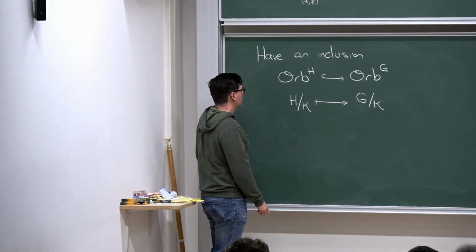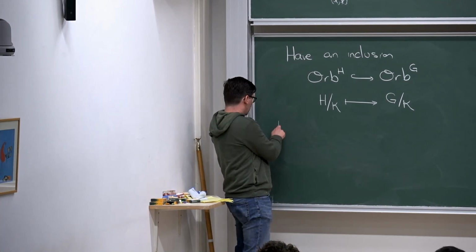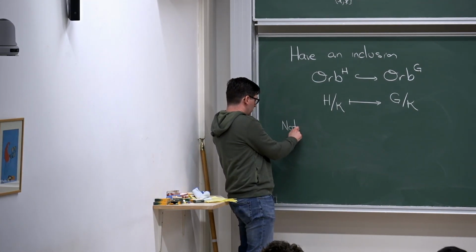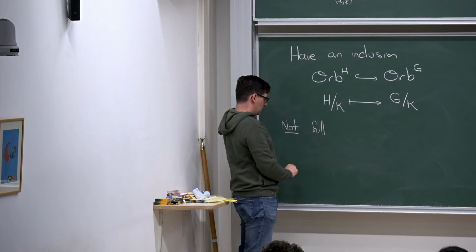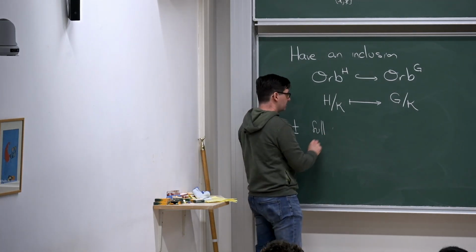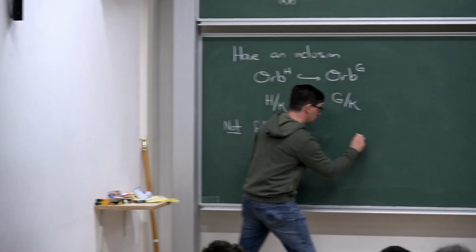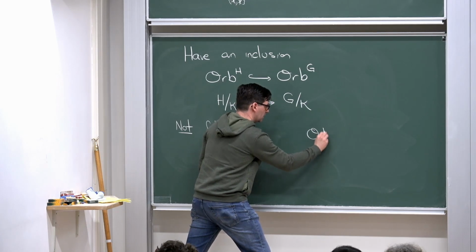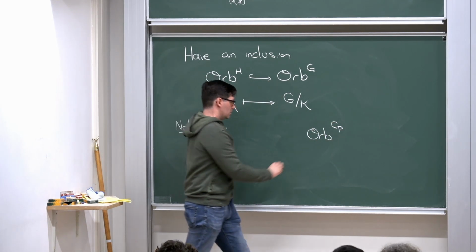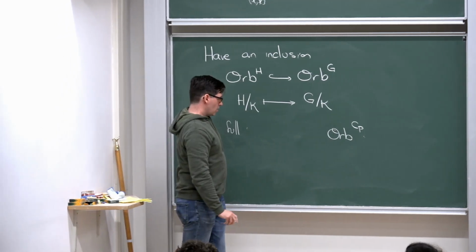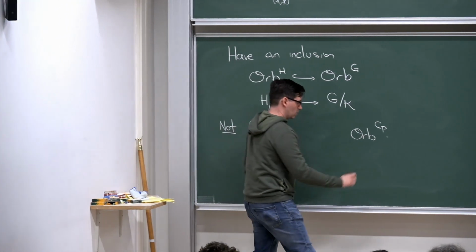But in fact, it's important that it not be full. There's sort of two ways that I can do this. And so I want to stress, though, that this is not full. And I don't sort of close it up under the full piece. And so here's the prototypical example. Let me look at the orbit category for CP. When I do the orbit category for CP, there are two types of orbits.